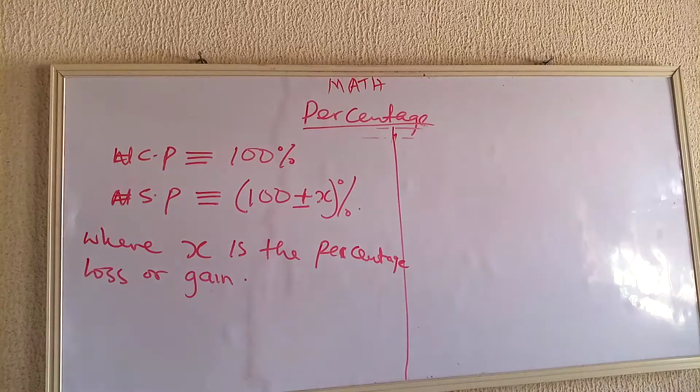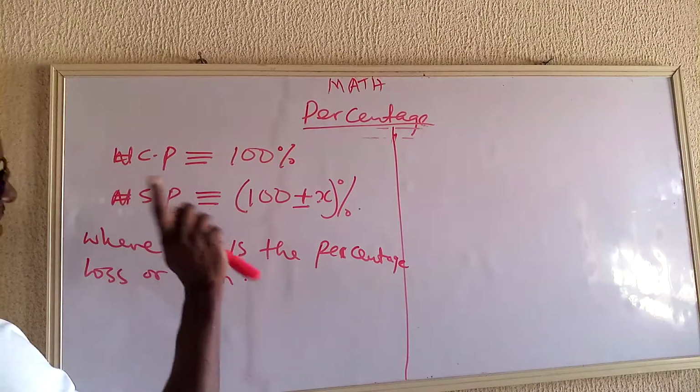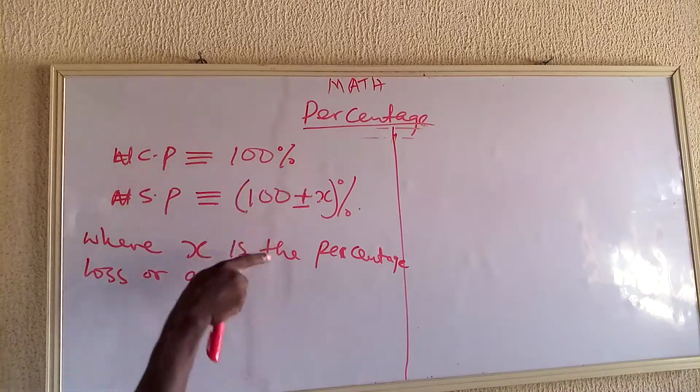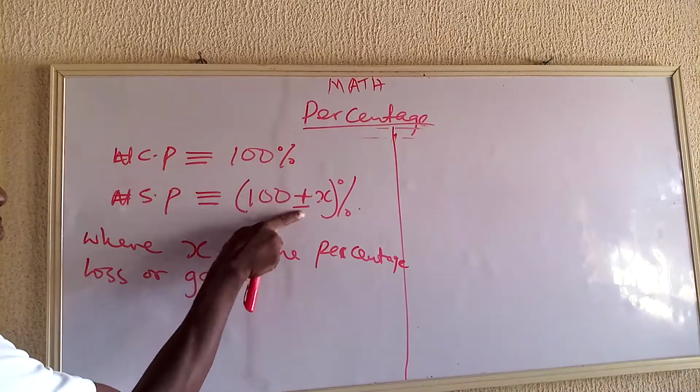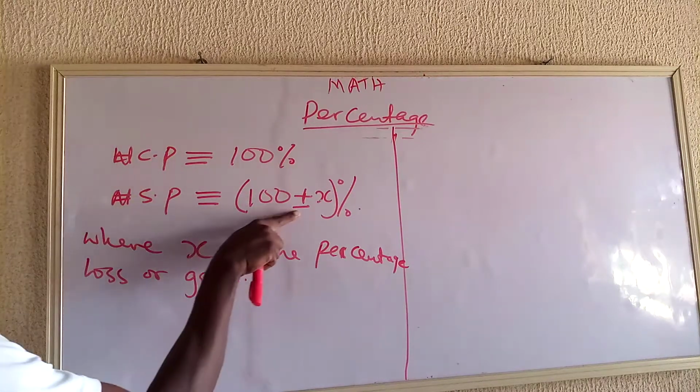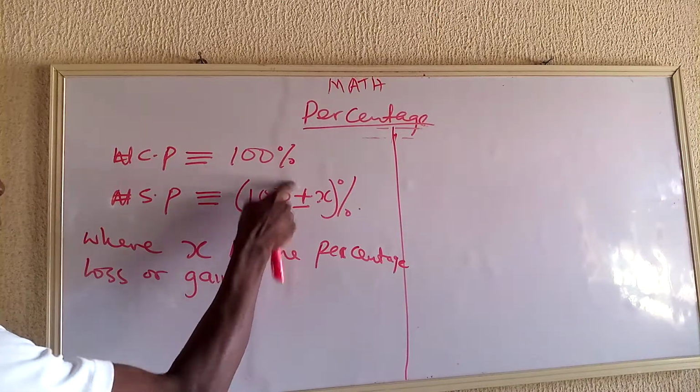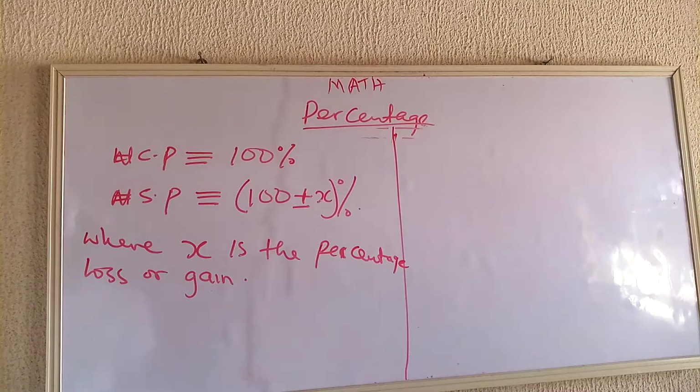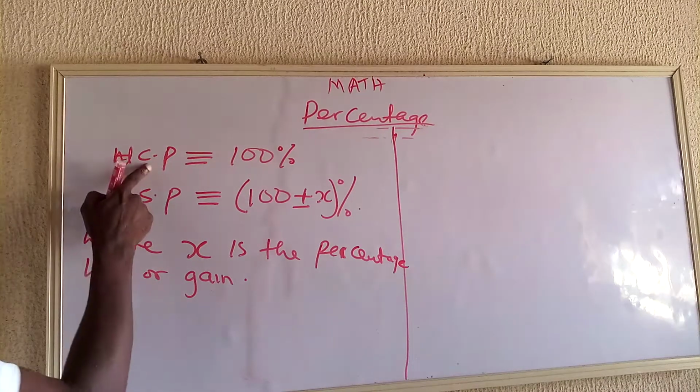So if it is percentage gain, you will use plus, you won't use minus. But if it is loss, you will use minus, you will not use plus. Take note of that. So, according to the question we are given, we are looking for the cost price.